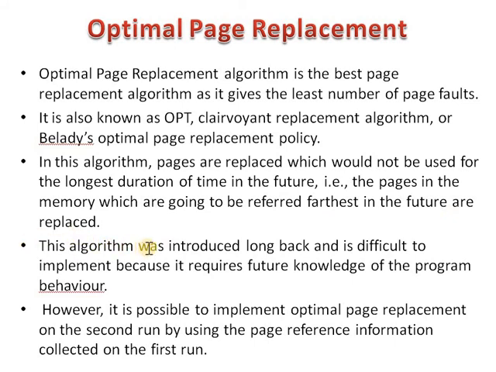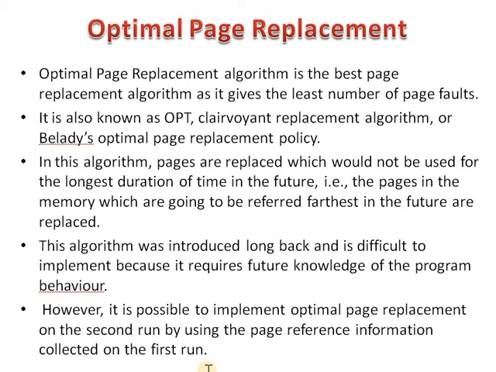This algorithm was introduced long back and is difficult to implement because it requires future knowledge of the program behavior. However, it is possible to implement optimal page replacement on the second run by using the page reference information collected on the first run. In short, in optimal page replacement, the page is replaced according to the future condition.